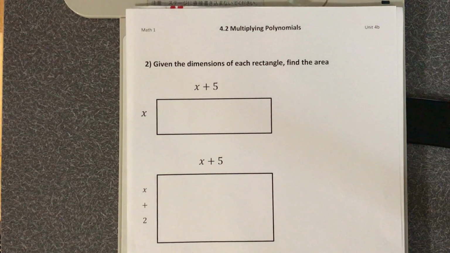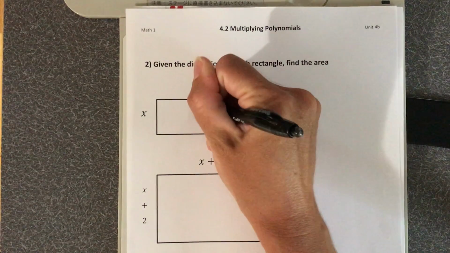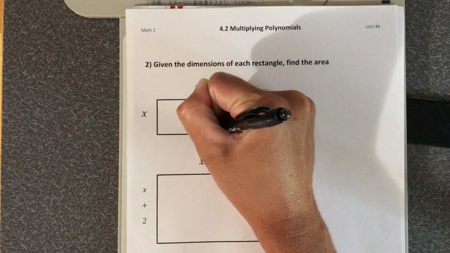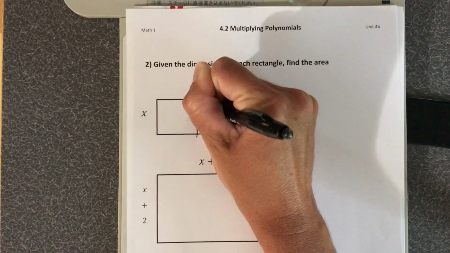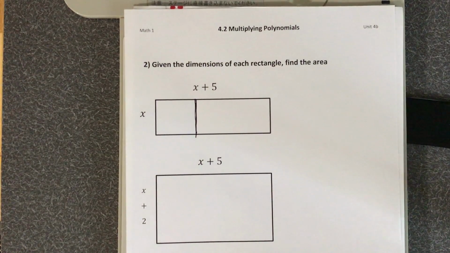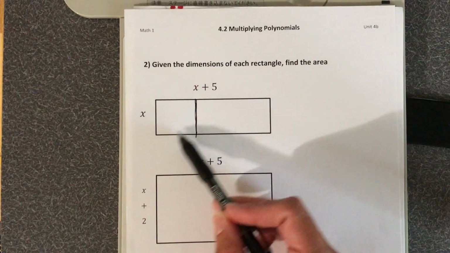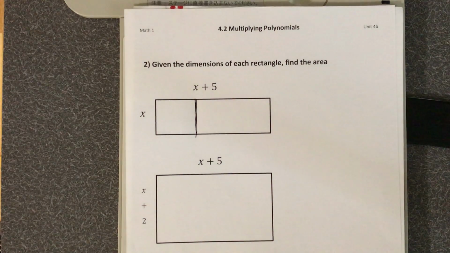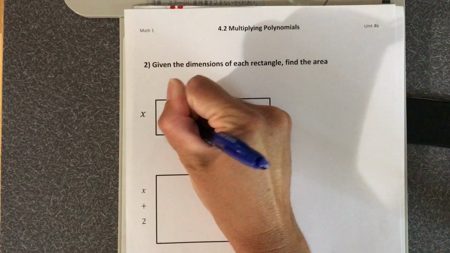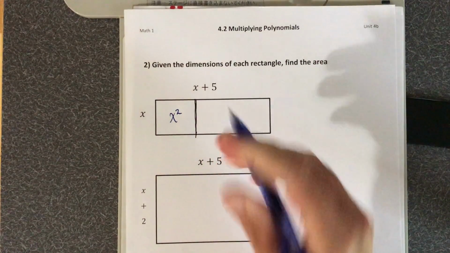So I have this one big rectangle, and I need to find the area of it. If I chunk it up into 2 rectangles, I will be able to do that. Notice that my dimensions here are x by x, so that's going to get me an area of x squared.